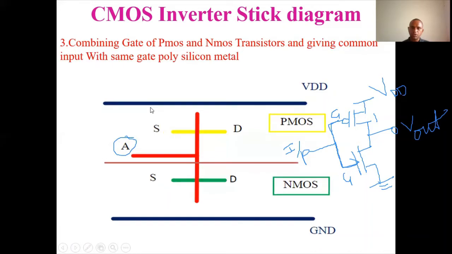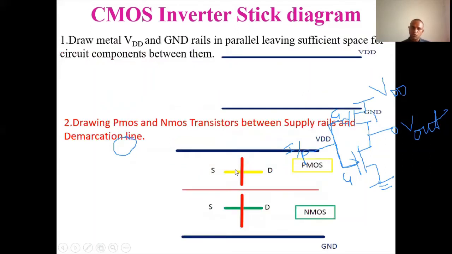What I told here is that we have to combine both the drains, because if you observe the circuit diagram of this CMOS inverter, both the gates will be shorted and taken as input, and both the drains will be shorted and taken as output. Both the drains will be connected by using the metal, and both the gates will be connected by using the polysilicon, because this is a polysilicon gate and this one is also a polysilicon gate.